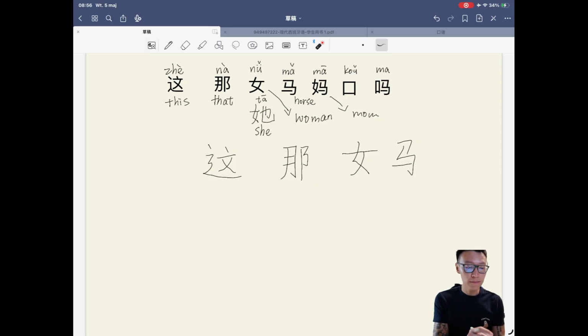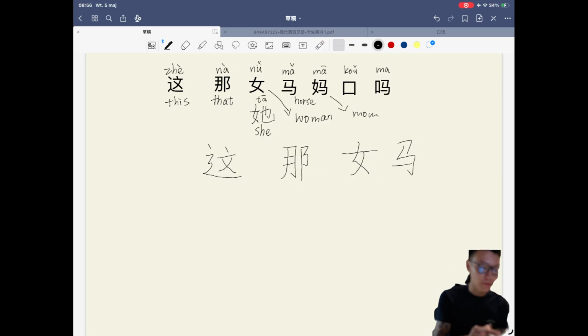And like I said, very often we can see one of the parts of a character indicates the meaning, just like here, 女 indicates this character is related to a woman, just like character 她. So in the future, if you see 女 on the left side of a character, then in 90% of situations this character indicates something about women.